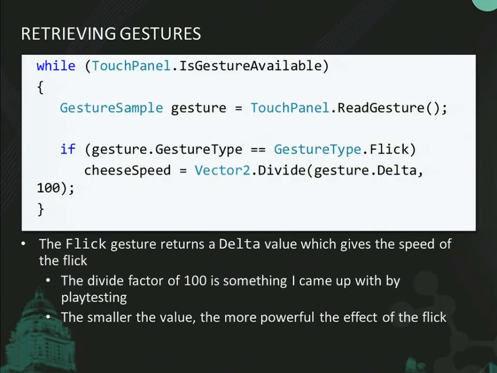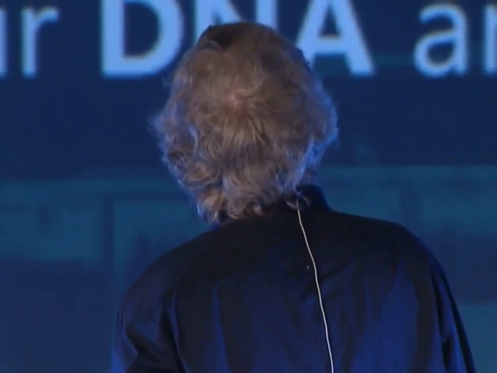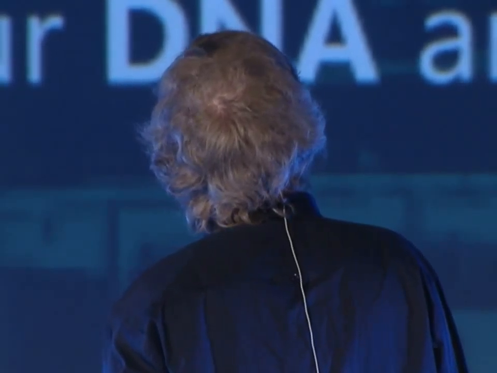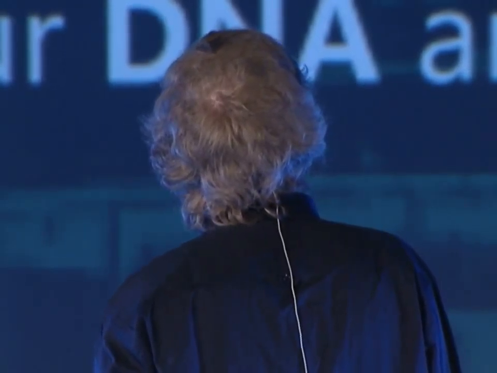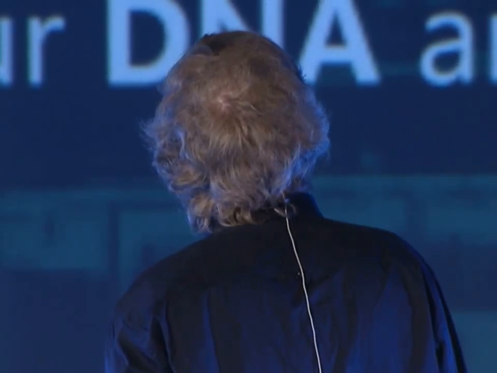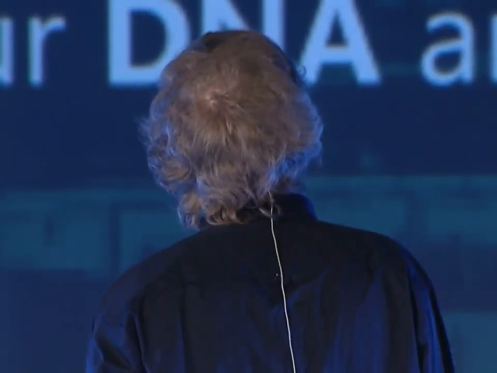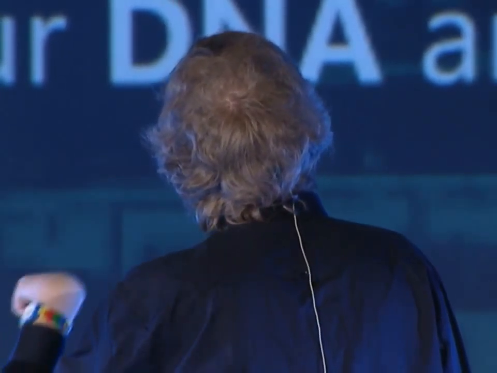to be able to flick things. Now, what I've got here is if we have a gesture from the panel, we go off and get it, and if it's a flick, we get a vector and we effectively divide the delta, which is the direction of the flick, by 100.